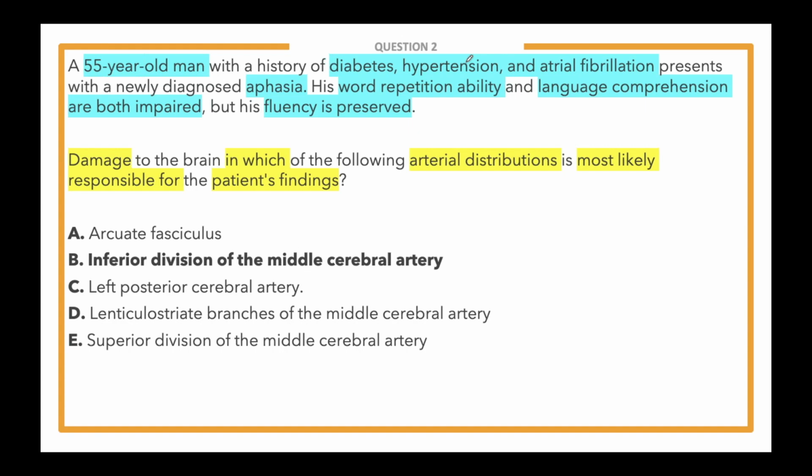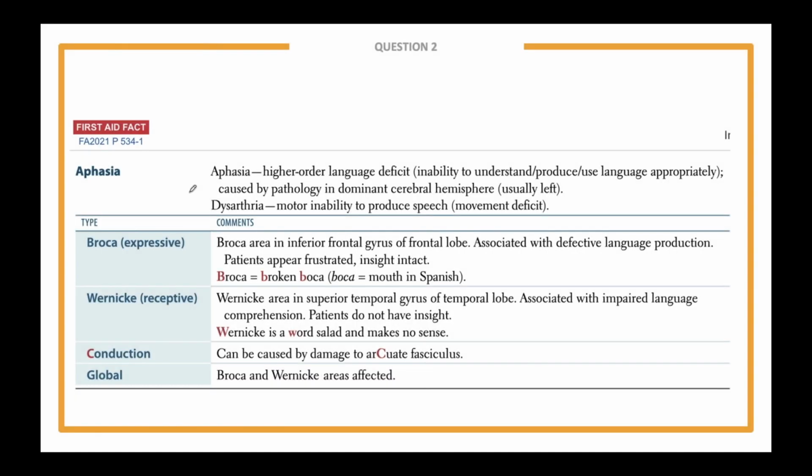On the next slide, we've actually gone ahead and pulled up the table in First Aid that talks about different aphasias. And you can see there that with Wernicke's aphasia or receptive aphasia, you have issues with impaired language comprehension, okay? And that's what this patient has. So with Wernicke's aphasia, okay, where could this potentially be the issue?